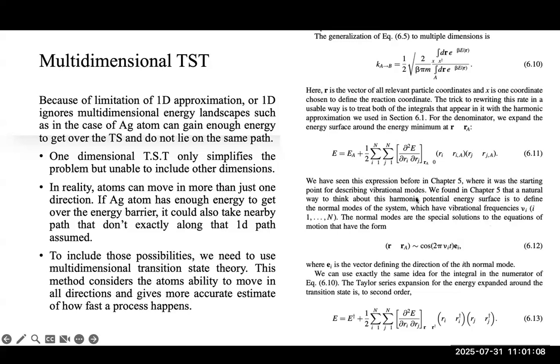So we get these equations, so that all the other possible directions can be included in our hopping rate. And you see, an eigenvalue equation shows up because of the normal modes. So it's everywhere.